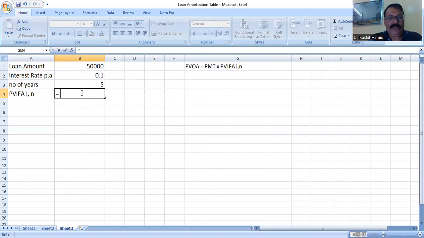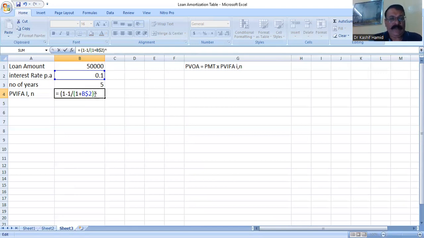So in our computation, we will use 1 minus 1 divided by 1 plus the interest rate, which we will fix because it remains fixed during this computation, and the power sign is assigned here.